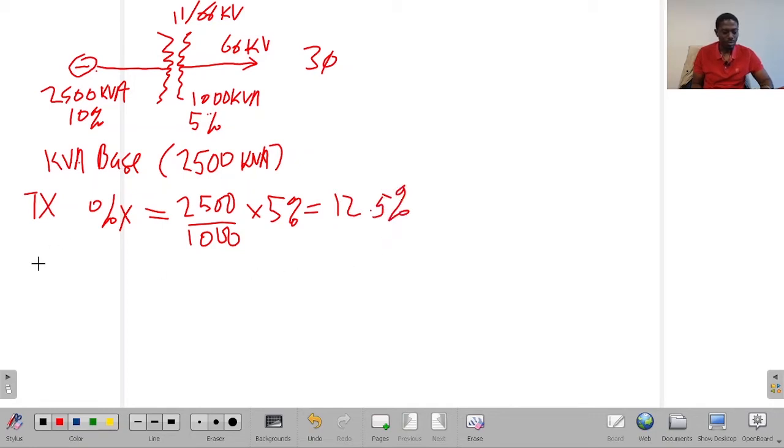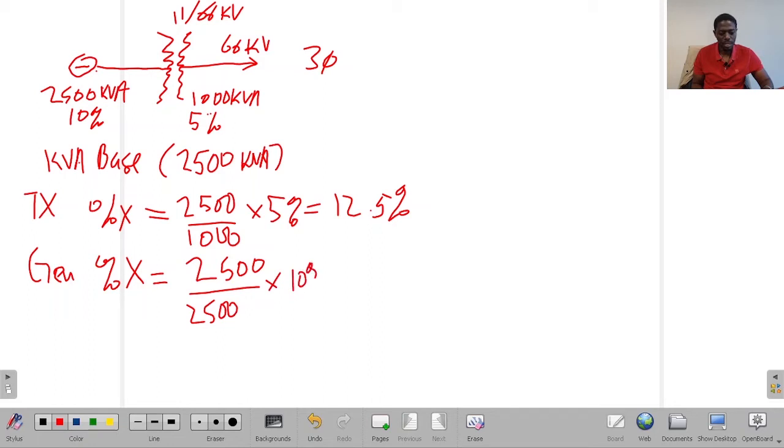This will give us 12.5%. Now, similarly, the generator percentage reactance is going to be equal to the base KVA, which is 2500, over the rating of that generator multiplied by its percentage, which is 10%. So this is going to give us basically 10%.